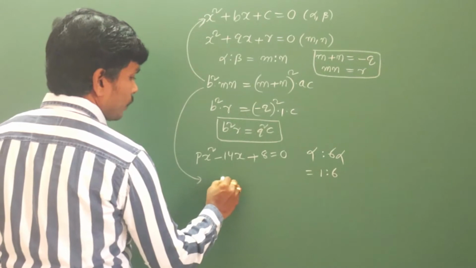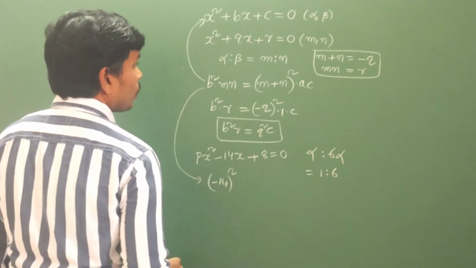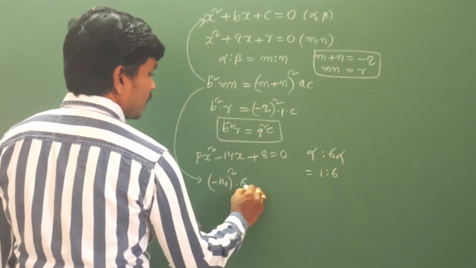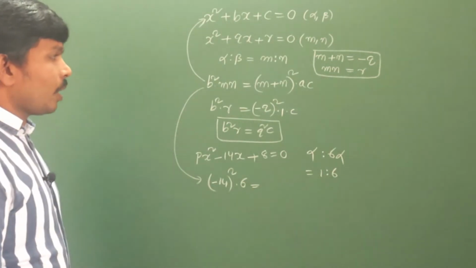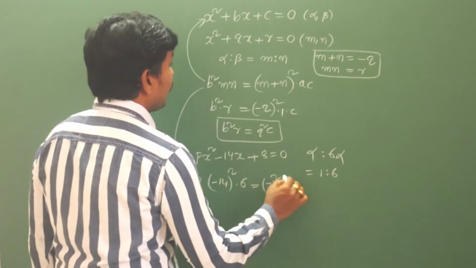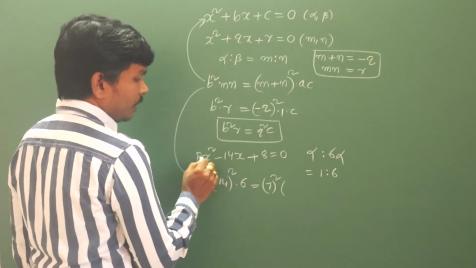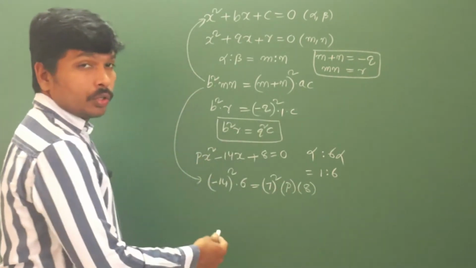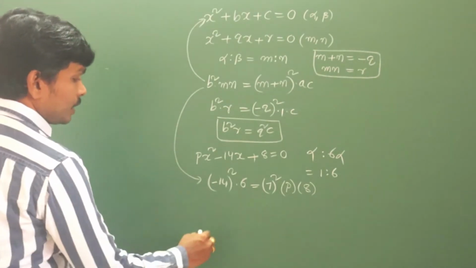B is minus 14. So minus 14 whole square into mn, 1 into 6, 6, is equal to m plus n, 1 plus 6, 7 whole square into a value. What is your a value? P. And what is your c value? 8.